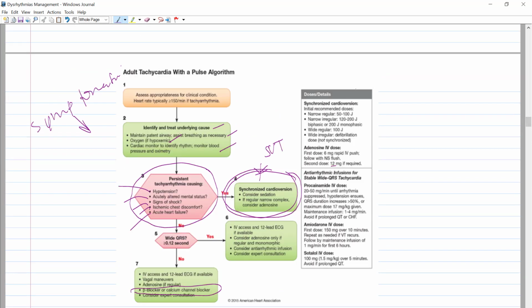In here, you can see that we're only giving a small dose of energy. We can start from 50 and then you can go up to 200. Again, it depends on the policy and procedure of the hospital where you work.